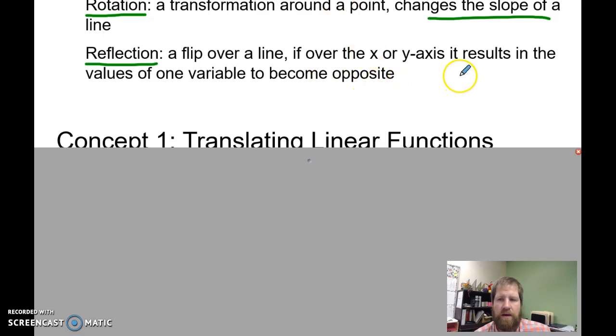So if we had our little terribly drawn coordinate plane, and we have our line, we'll say it goes right through the origin, it's just y equals x, then a reflection over the y-axis is going to take all the positive x values and turn them negative, and take all the negative x values and turn them positive. It doesn't change the numbers, it just changes them from positive to negative or negative to positive.